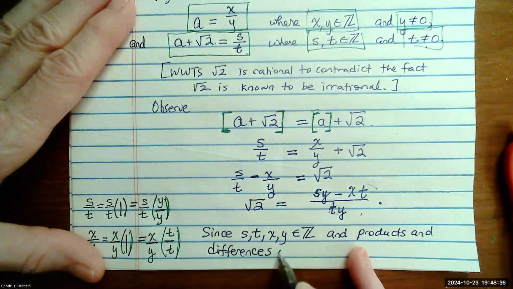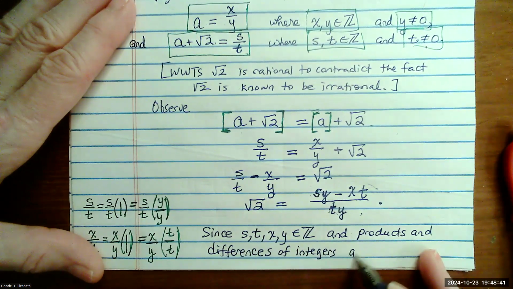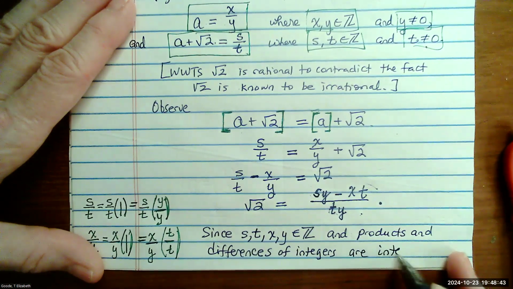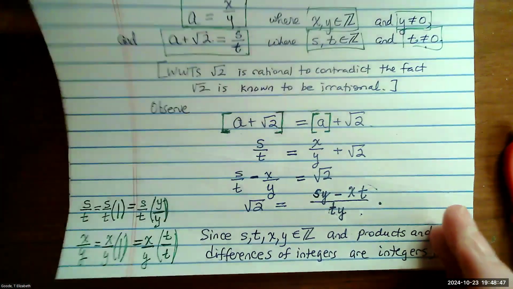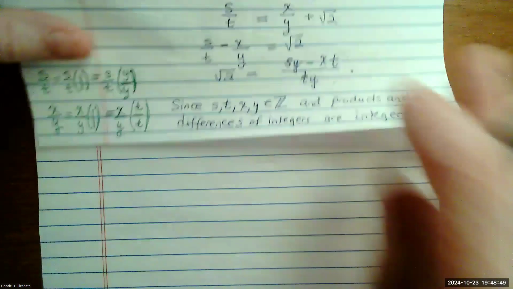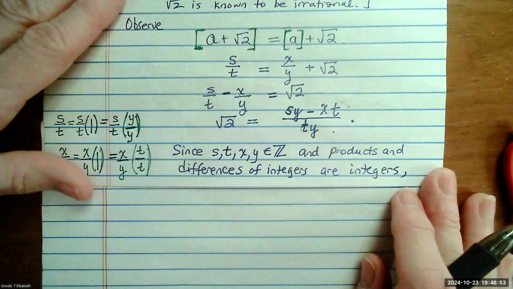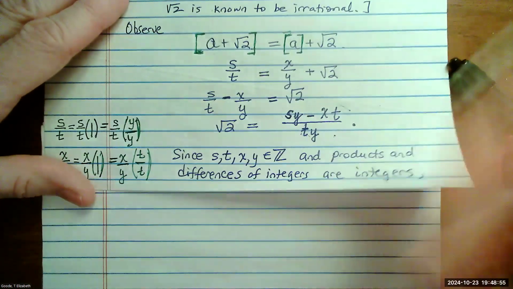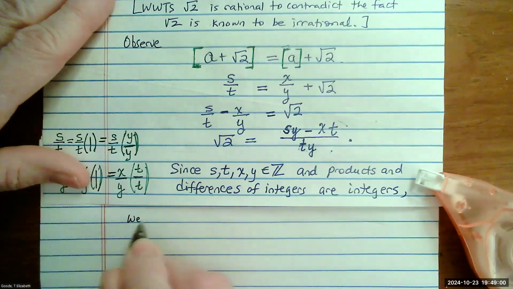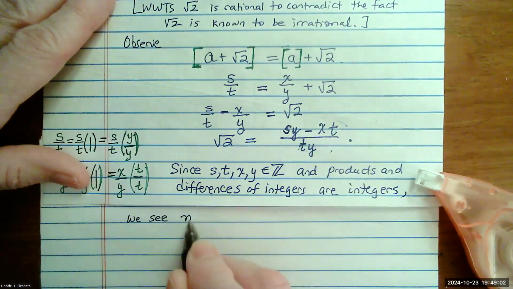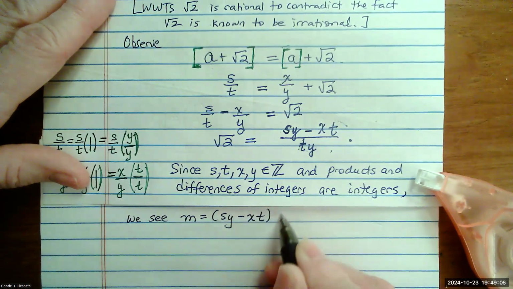Products and differences of integers are integers. We see, I'll say M equals SY minus XT is in Z.